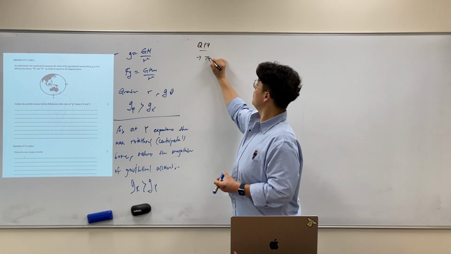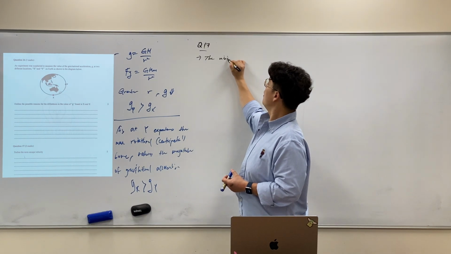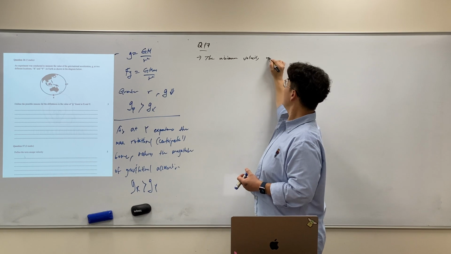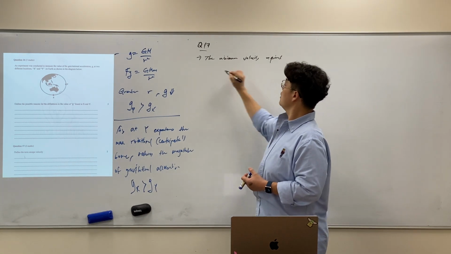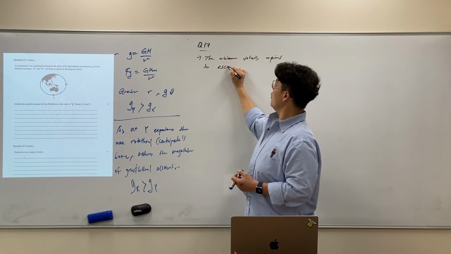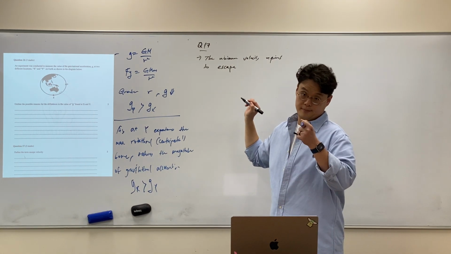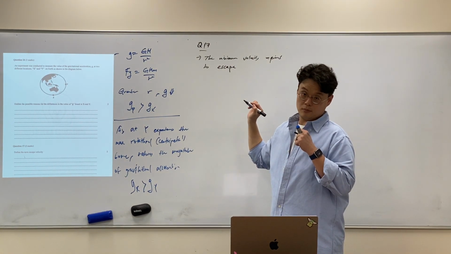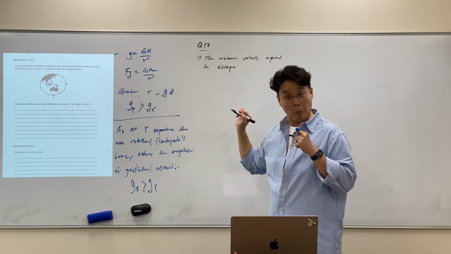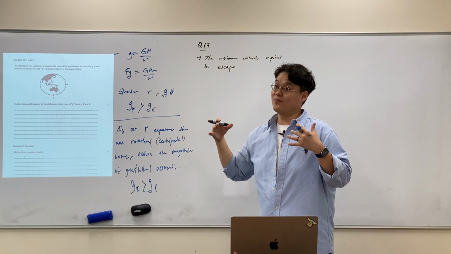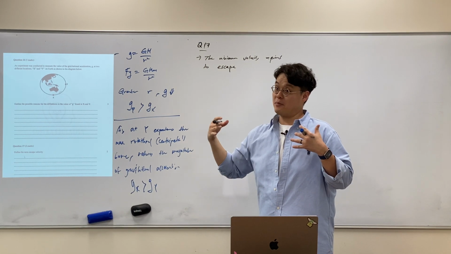The minimum velocity required to escape. Now, escape from what? From Earth. What do you mean by the Earth? Escaping from something.